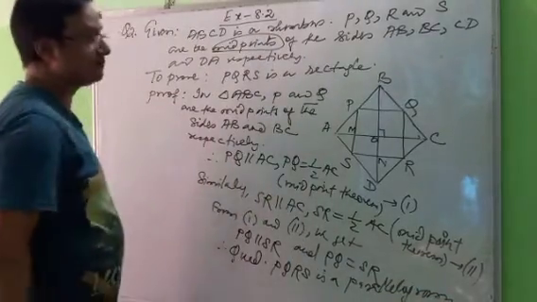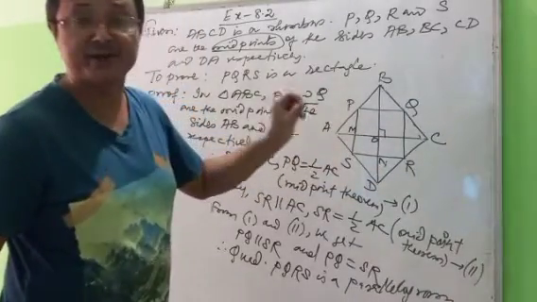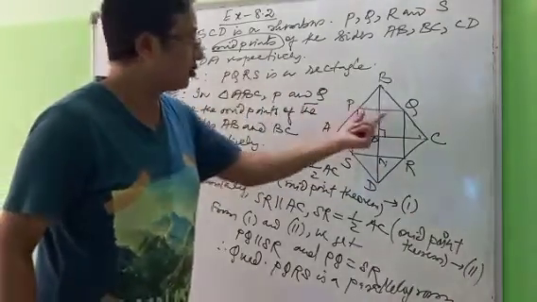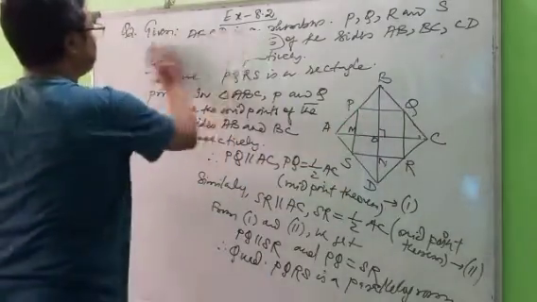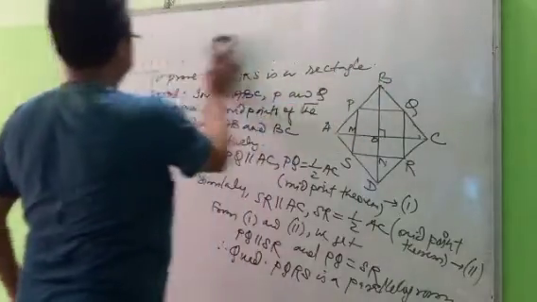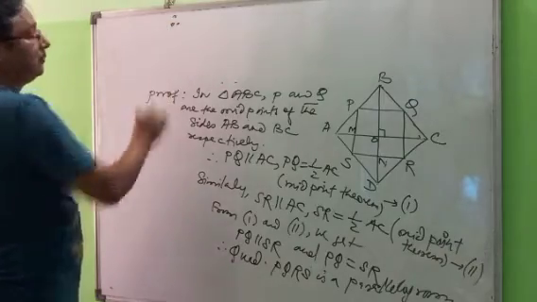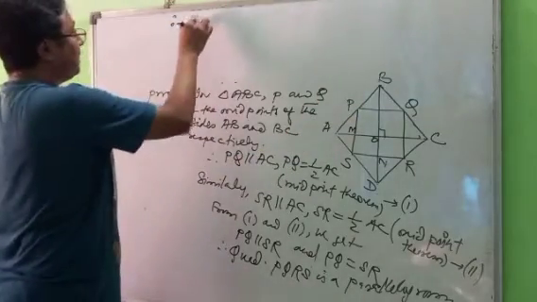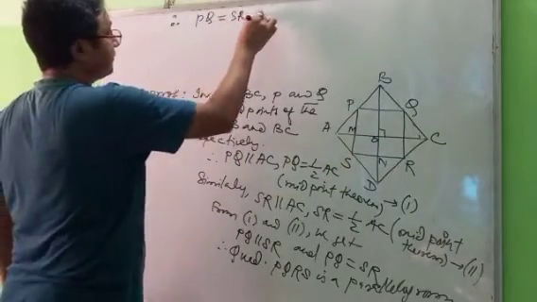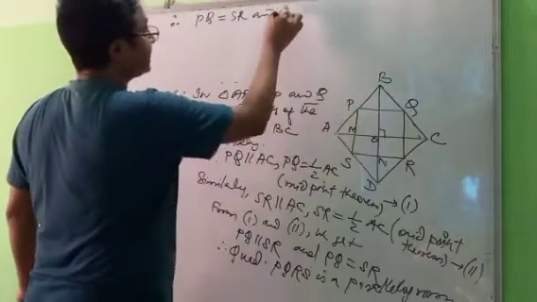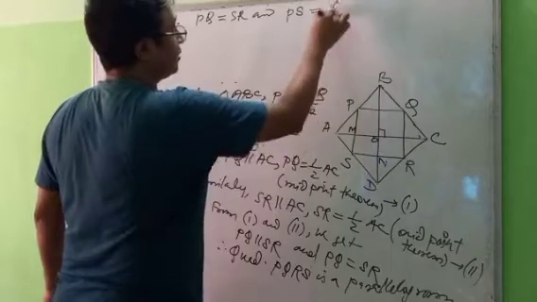So if this is a parallelogram, then the opposite sides are equal, which is one of the conditions to be a rectangle. Therefore, you have got that PQ equals SR and PS equals QR.